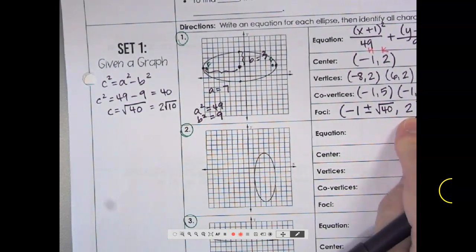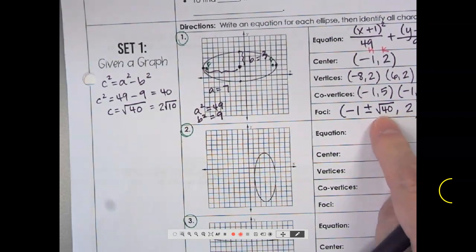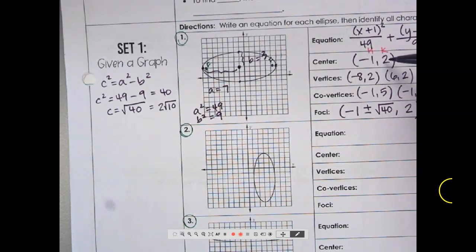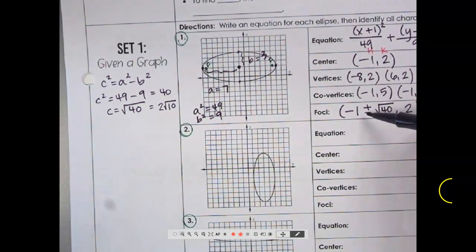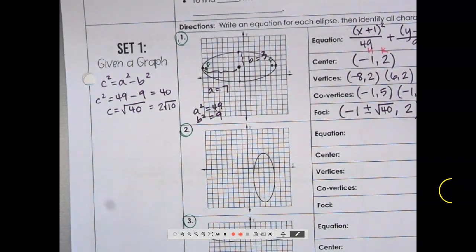If I went up and down from the center point, that plus or minus square root of 40 would be added to the y coordinate. But if I'm going left and right, it gets added to the x. Question, and for those of you who weren't here Friday, go back and watch that explanation on Friday's lesson.